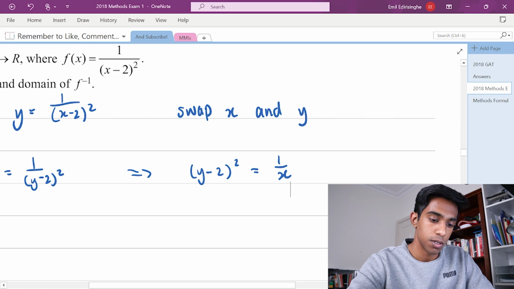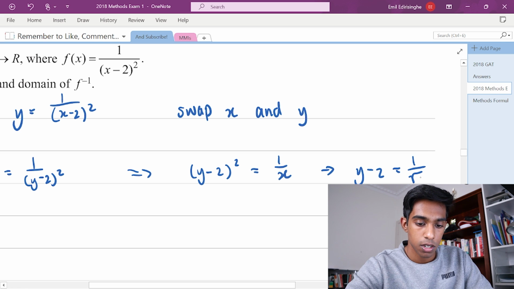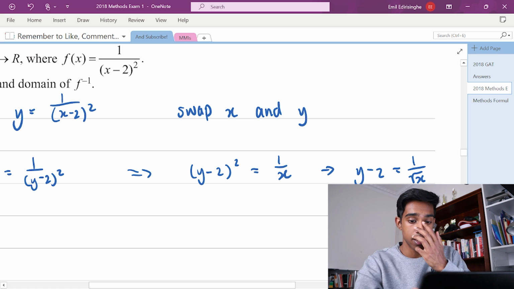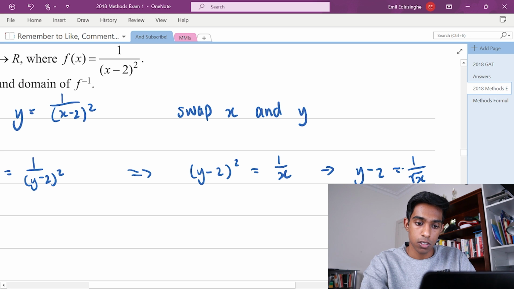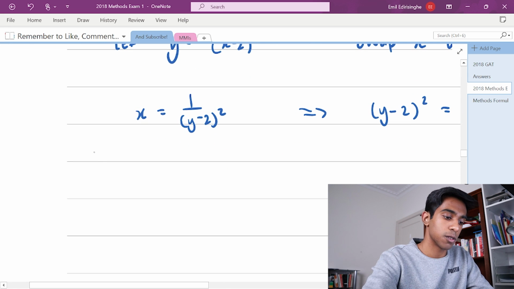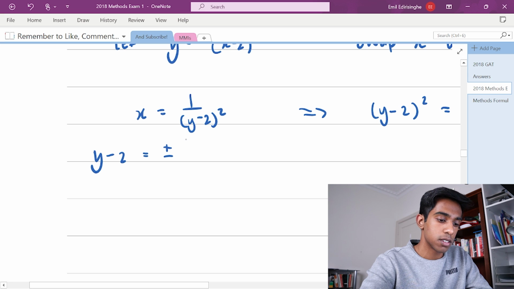Then we can go to the next one, which will be y minus 2 equals 1 on root x. And here I have to decide whether it's going to be plus or minus root x. So I'll just put in the plus or minus really small there. I'll go down to the next line. So y minus 2 equals plus or minus 1 on root x.